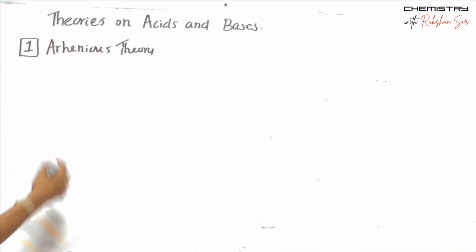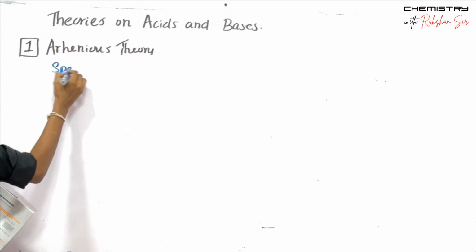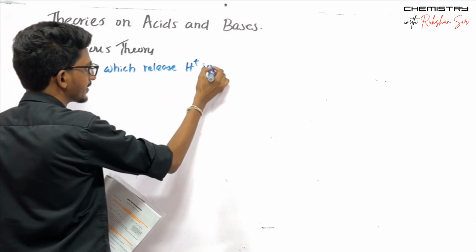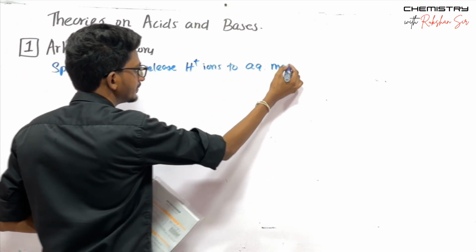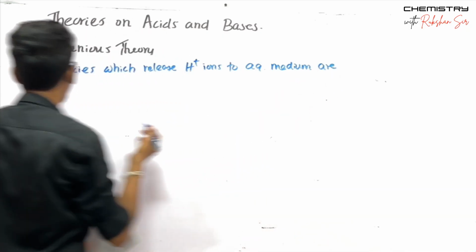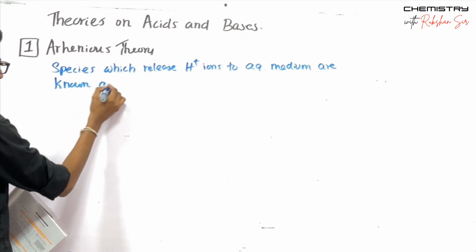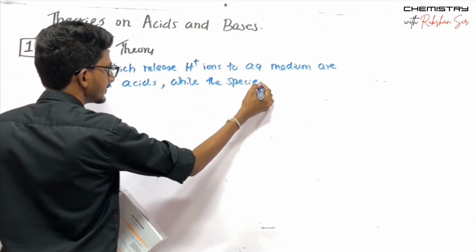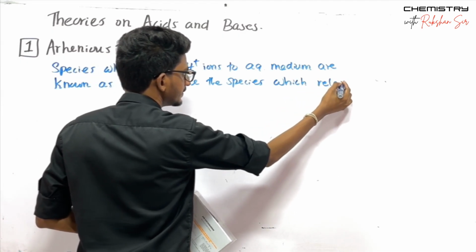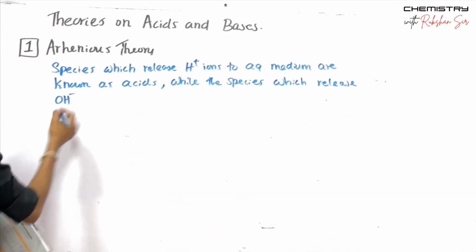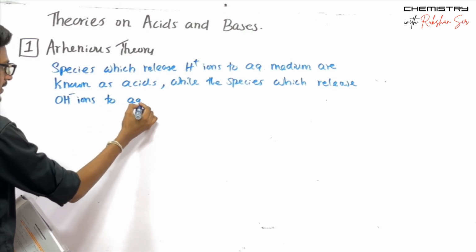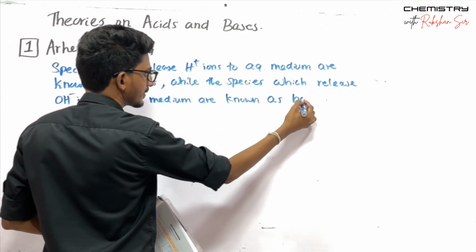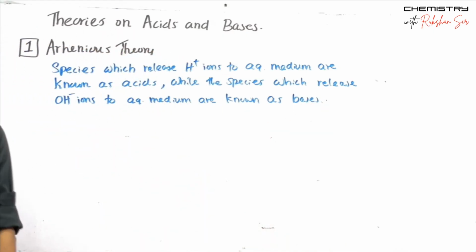So it simply says, species which release H plus ions to aqueous medium are known as acids, while the species which release OH minus ions to aqueous mediums are known as bases. Simply, acids and bases can be categorized using this theory.